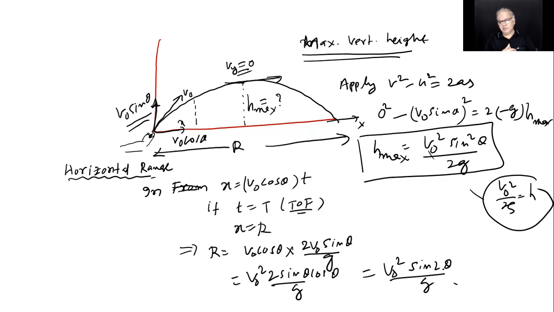Velocity is a function of time, x is a function of time, y is a function of time, and the path. Then time of flight, time of ascent, time of descent, greatest vertical height, and then the horizontal range. We discussed it almost threadbare, every possible idea. And this information has to be kept in mind.